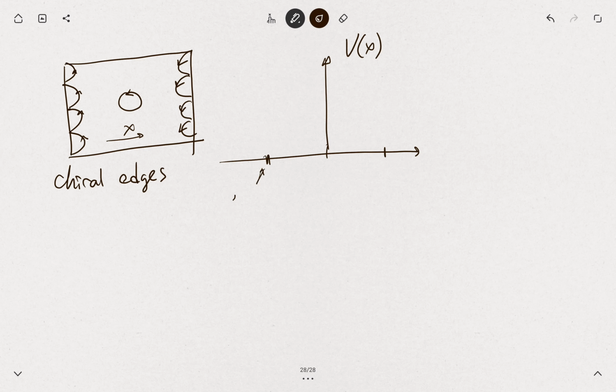So those are the edges. And the potential would be like some potential there, maybe 0, and then it steeply goes up as we reach the boundary. So you have like infinite barriers there. And you have this potential quantum well.